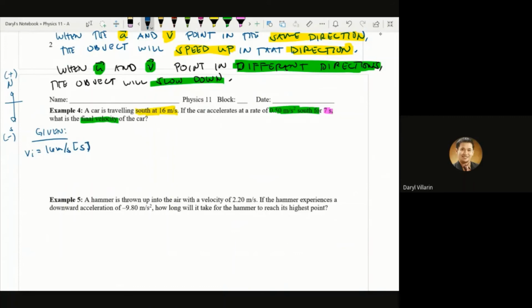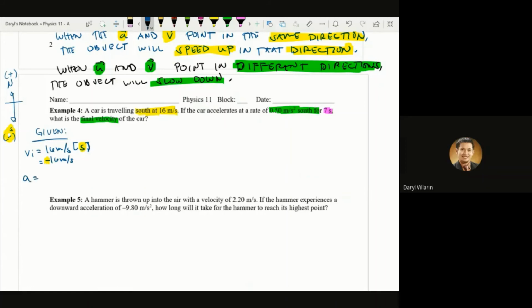But for computation purposes, it's much easier if we replace south with a negative quantity. So south means negative in our coordinate system. And then the acceleration is also in the same direction, 0.50 meters per second squared.